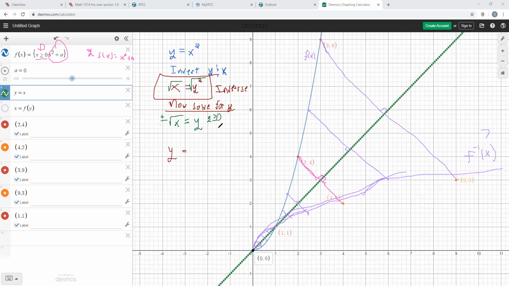So therefore, y has to be positive, so we're going to ignore the negative, and then we would just get y equals square root of x. So this would be the inverse of f, where f is x squared.